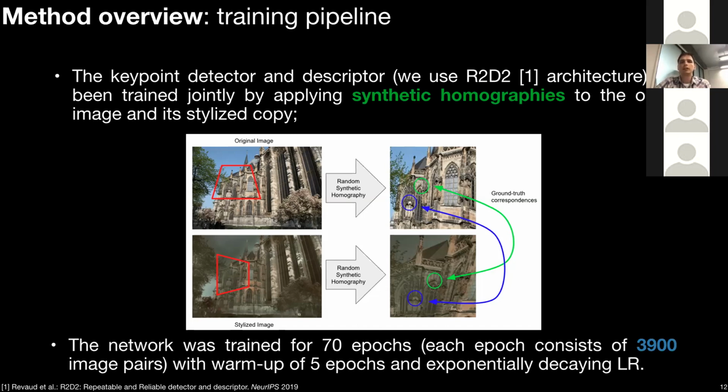The image stylization and synthetic homography augmentation together allow us to learn features that are robust to appearance and viewpoint changes. During training, we optimized the objective function, which was originally proposed by the authors of R2D2. The network was trained for 70 epochs with warm-up and exponentially decaying learning rate.